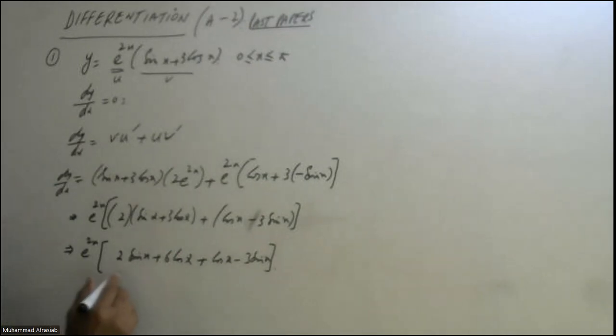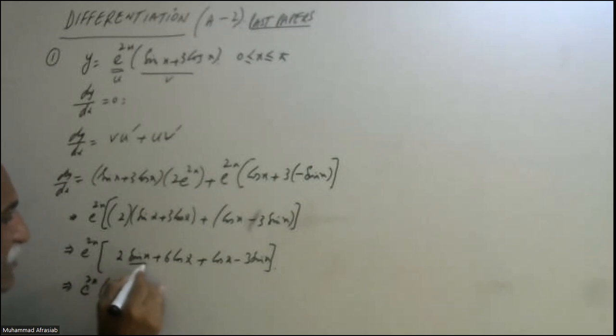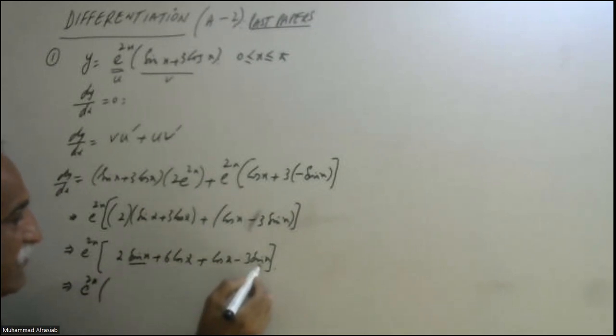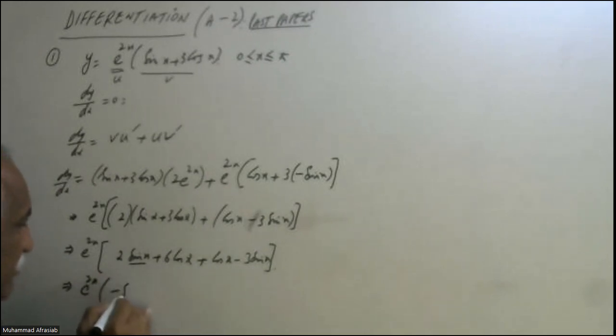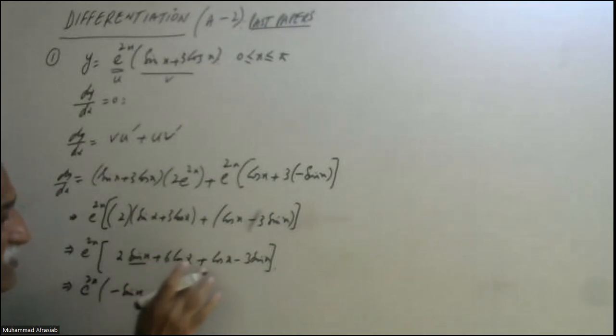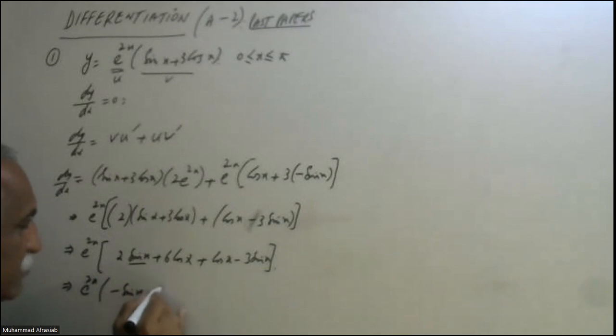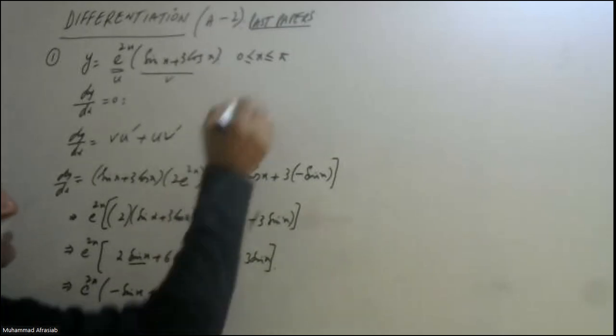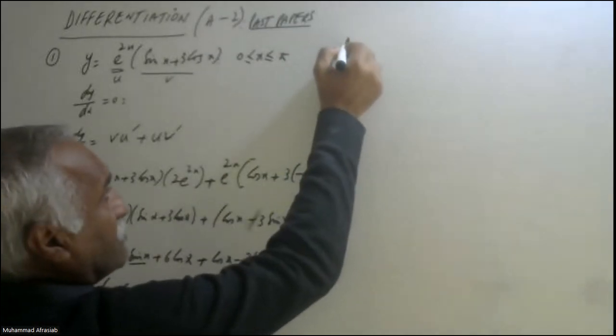Now, this thing is equal to e power 2x into 2 sin of x minus 3 sin of x, which will become minus sin of x, plus 6 cos of x plus cos of x, that is 7 cos of x. Now, you put that thing equal to 0.